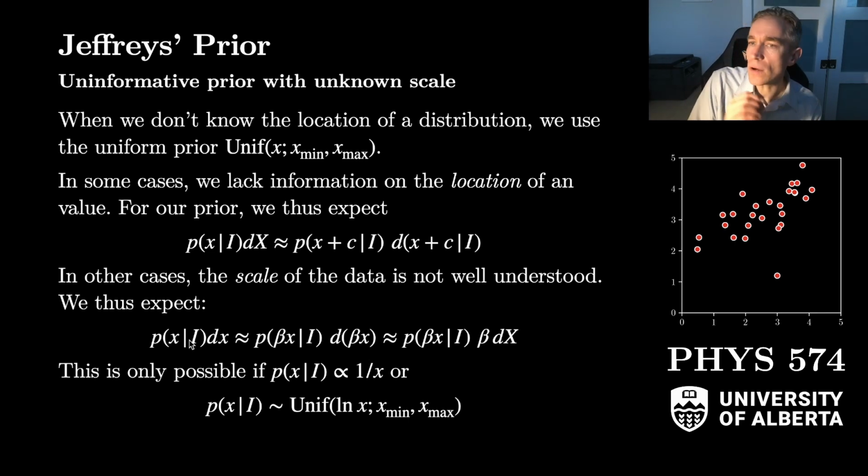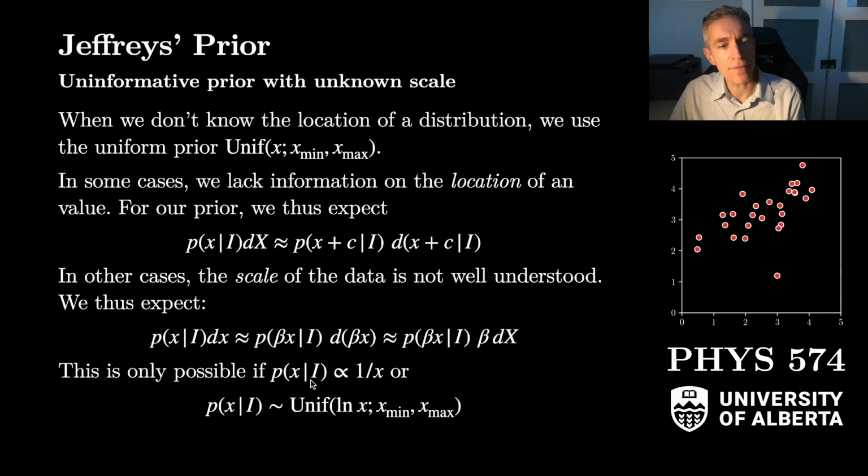And this really only works if we have a probability density function that scales like 1 over that parameter, so that every logarithmic interval is uniformly weighted in our prior distribution. And so essentially the Jeffreys prior says that there's a uniform distribution in log space between some parameter x min and x max, say the mass of the moon to the mass of the sun.